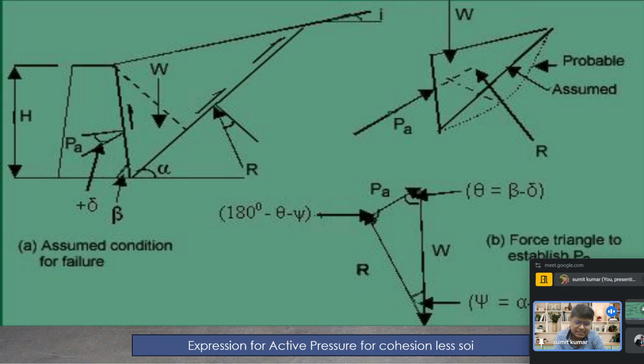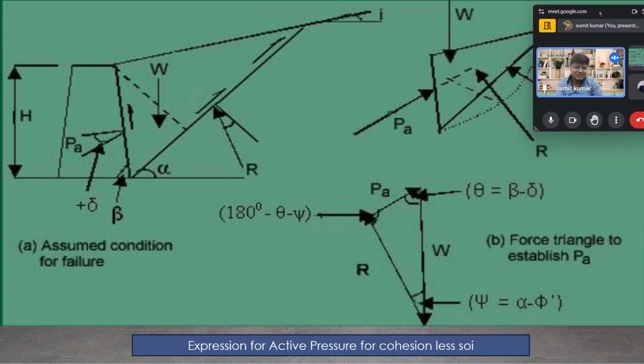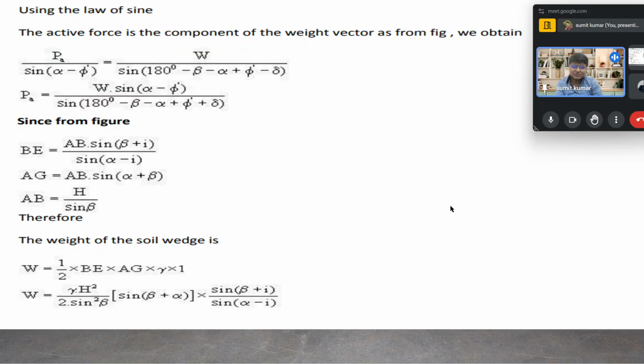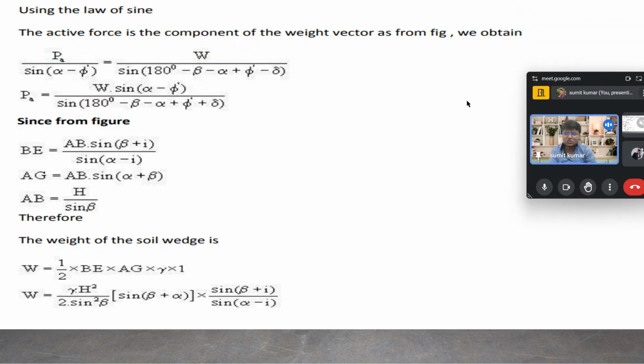Ultimately, the angle beta minus delta made at the upper part is represented, and W is in the downward direction. The angle alpha minus phi dash is represented, which we discussed in our earlier calculation.